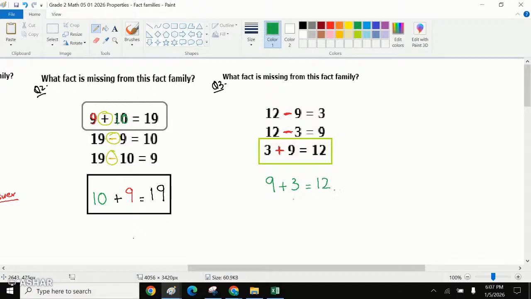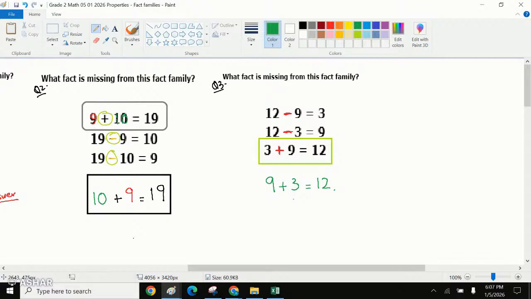In this case, we were missing an addition statement. Okay. So the first thing we do is try to see which statement is missing, an addition or a subtraction. Okay. Yes, thank you for your answer.